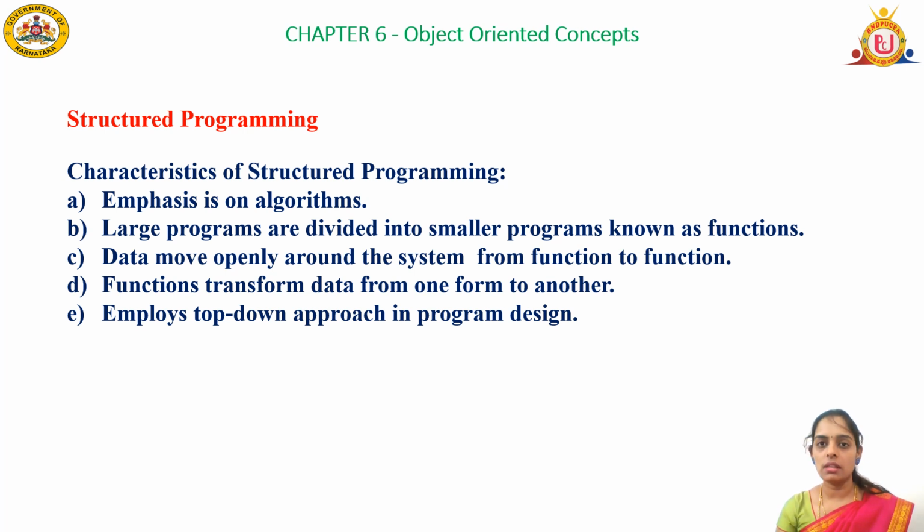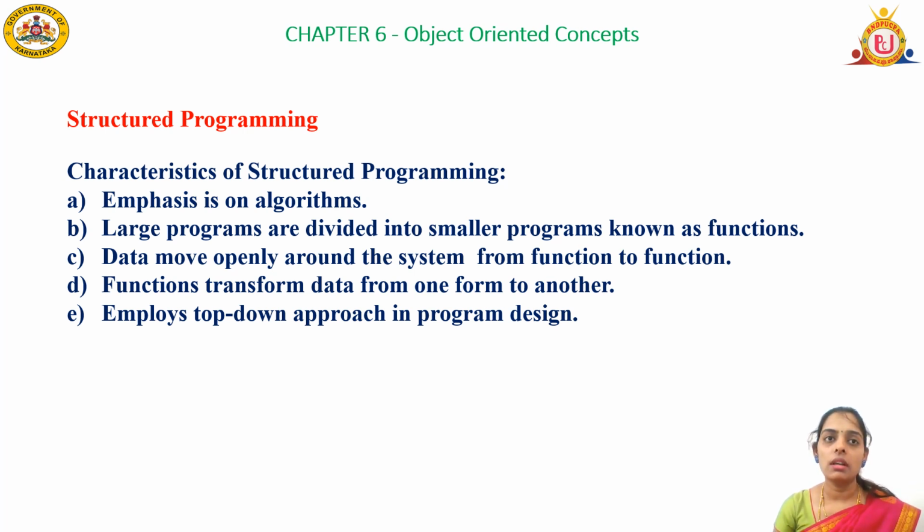If I consider an example of an arithmetic application, I'll write the code for calculating the sum of two numbers, then subtracting, then division, then multiplication. Each program performs its own set of operations in order to obtain the result, and later they are combined together so that my task will be easy. So in structured programming, large programs are divided into small programs which are known as functions.